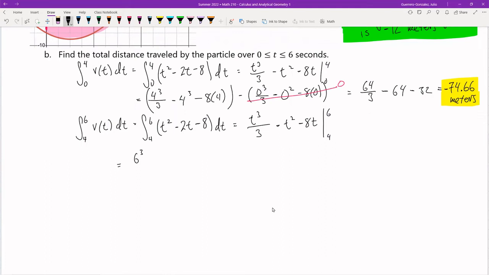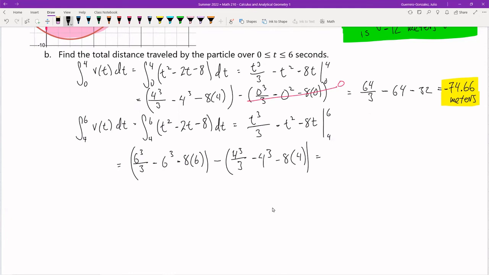So 6 cubed over 3 minus 6 squared minus 8 times 6, minus 4 cubed over 3 minus 4 squared minus 8 times 4.